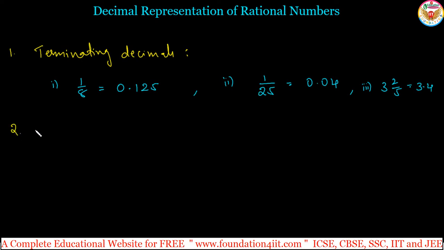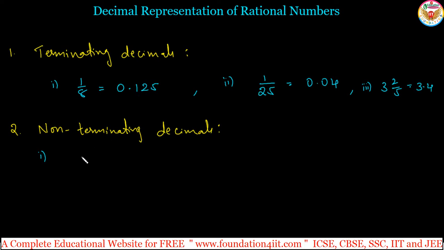And one more is non-terminating decimals, the opposite of this. In the previous examples, after certain steps the remainder is 0. That means no remainder is left except 0.